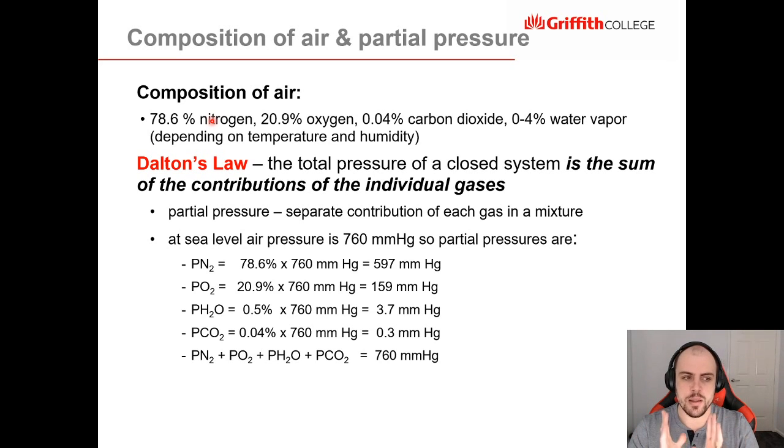Now, this law sounds complicated, but it's actually incredibly simple. What Dalton's law says is that the total pressure of a system is comprised of all of the individual pressures added up. Now, what does that mean?